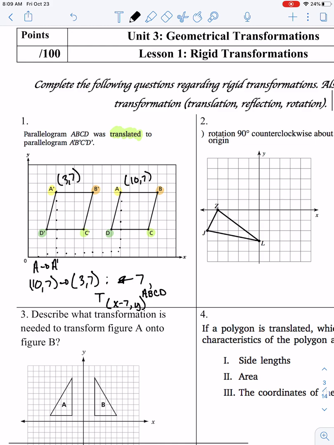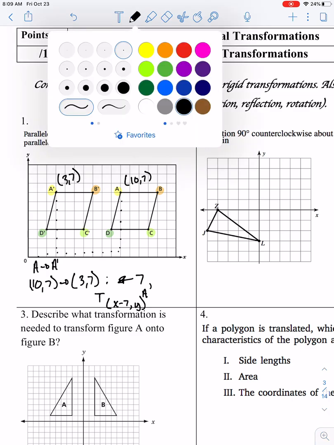Because when I take the original x value 10, subtract 7, I get 3. When I take the original y value 7, I don't do anything to it. I still finish up with 7. Okay, and then you can try and find the rules for B, C, and D. If you take the time to do it, you'll find something that's pretty interesting about it. So maybe I need to erase B, C, and D because we didn't actually do those.